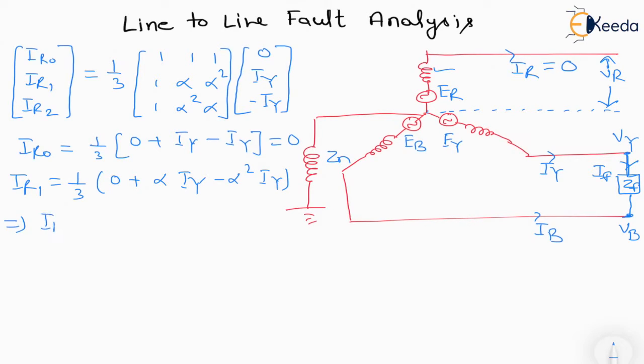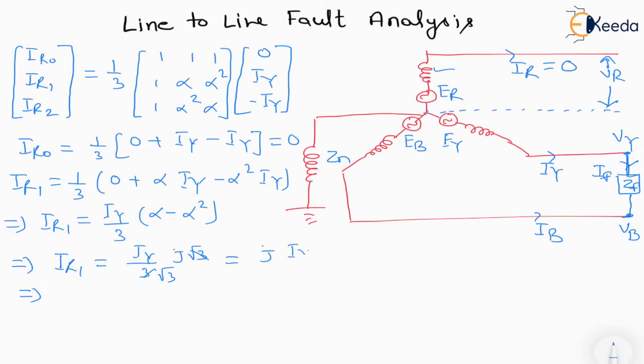So now the value of IR1 is equal to IY by 3 times alpha minus alpha square. We know the value of alpha minus alpha square, which is j root 3, so IR1 is equal to IY by 3 times j root 3. The root 3 cancels out, so this becomes j times IY upon root 3.